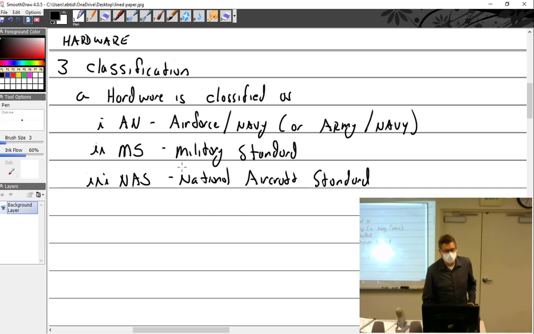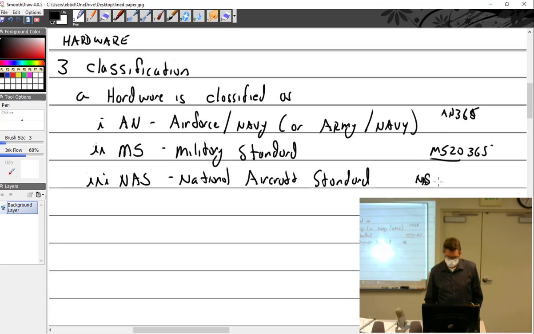And the sucky thing about this is going from AN to MS was really easy, because for the most part they would just add something to it. Like one of the nuts is a 365, so it's an AN 365, and then you have MS 20 365. You're like, oh, okay, just add the MS 20 on the front and call it the same thing. I can do that.